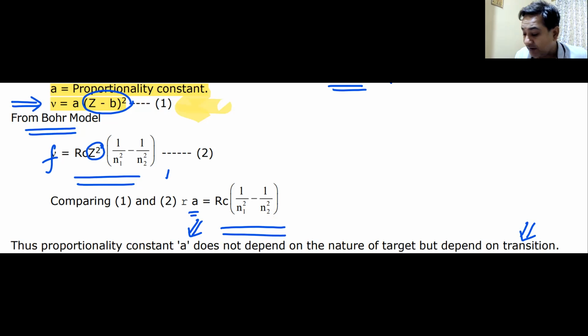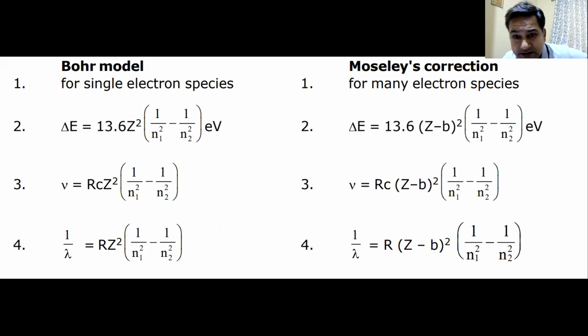Then he gave a correction, and this is the corrected model. I hope you know this model and understand this, and then you can write this. So this is a revision of your entire thing that you have done in chemistry in the Bohr model. This is the Bohr model for single electron species. I hope you understand the change, the difference in energy, the frequency, and the inverse of the wavelength.